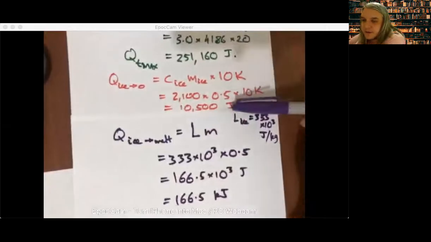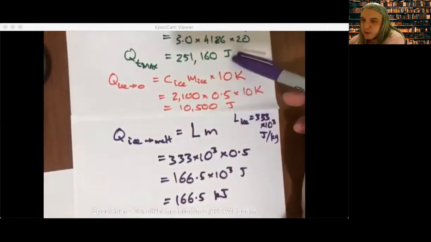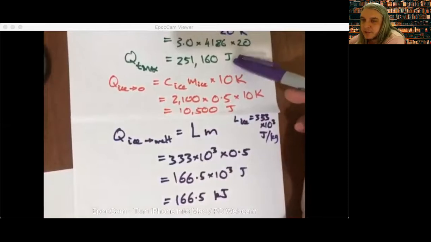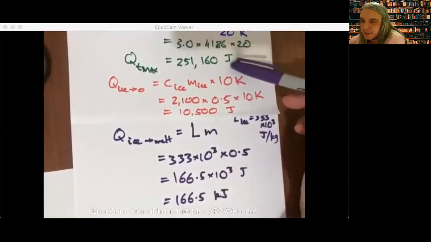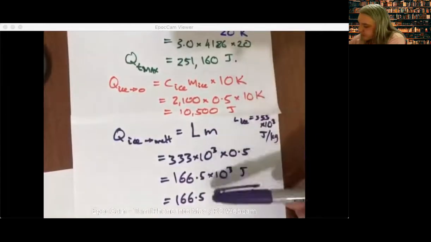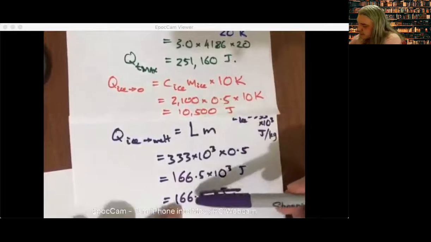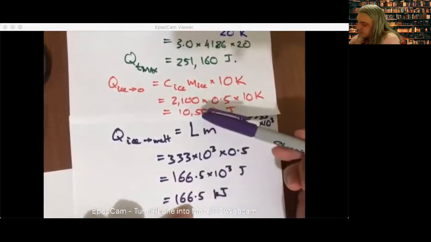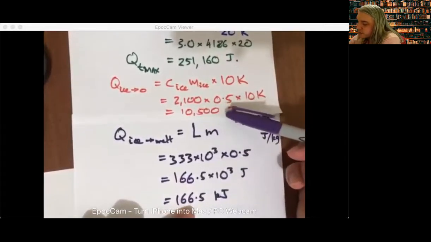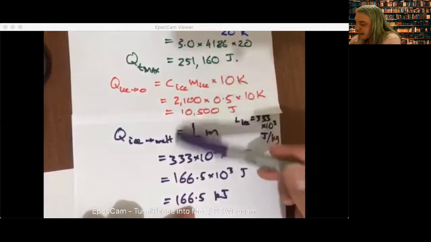And it was 10,000 joules to bring it up to 0 degrees C. And the tea can give off a maximum of 250,000 joules. And we've just seen that it only takes 177,000 joules to bring the ice up to 0 and to melt it.